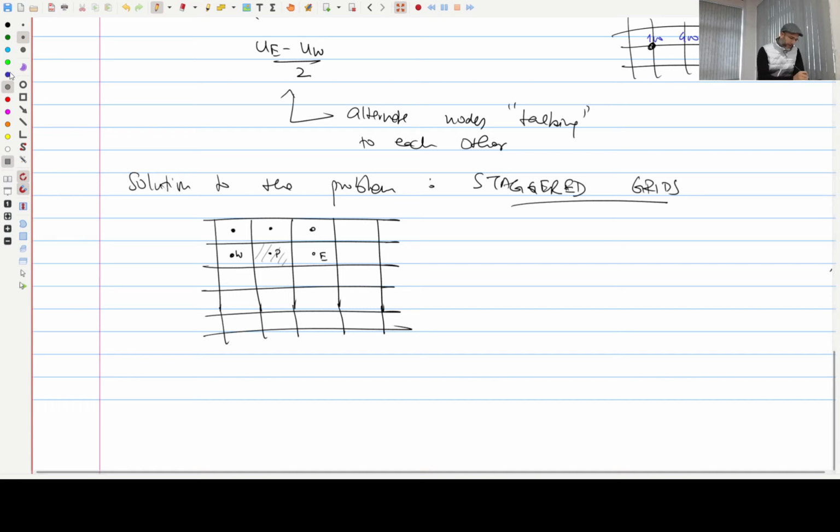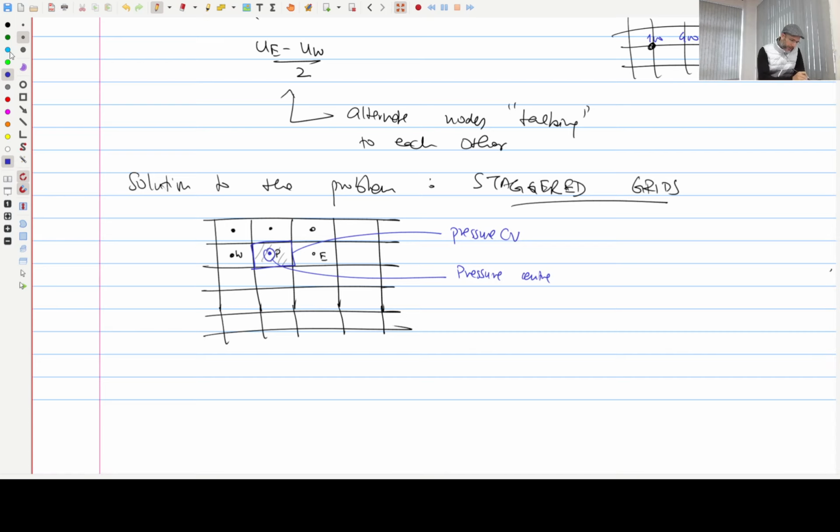So the pressure control volume will still look like this. This is the pressure center, and this is the pressure control volume.